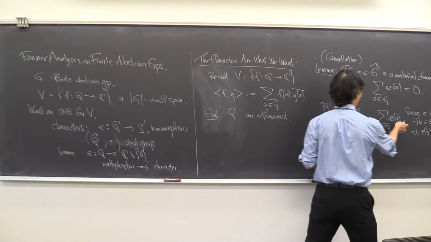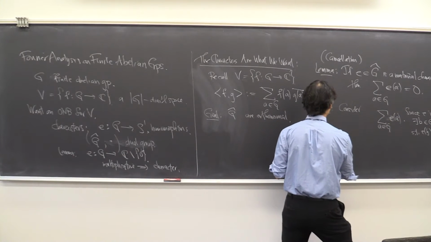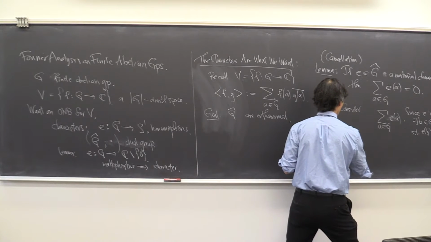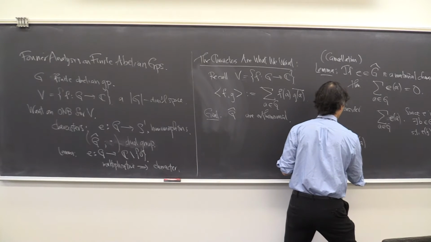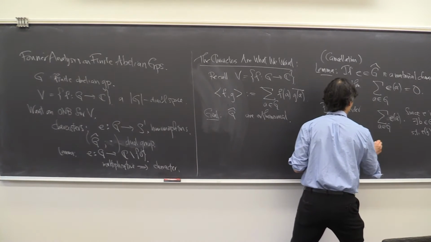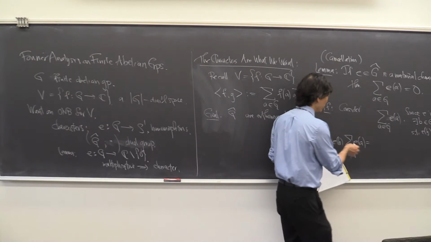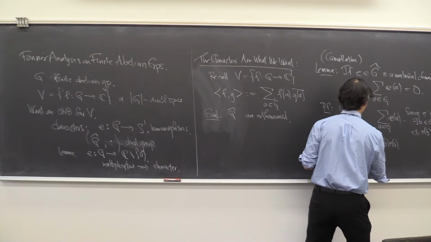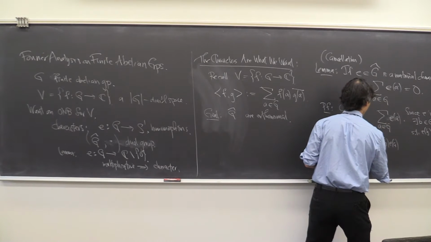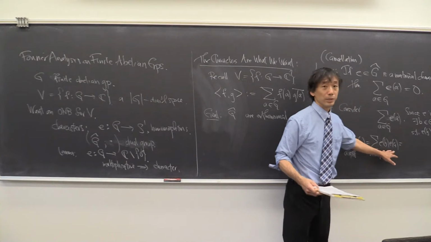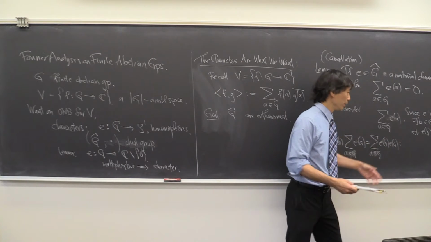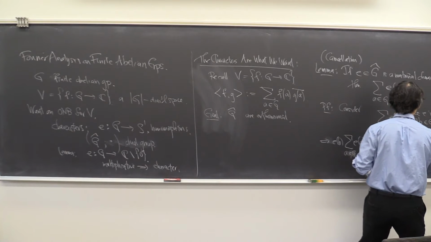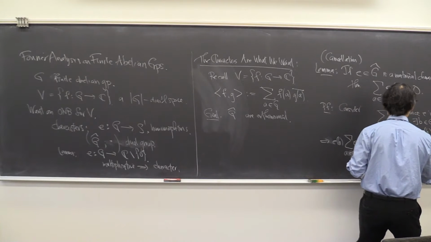So multiply by that. E of B times the summation of E of A, as A sums over G. We can move that in and get E of B times E of A as A sums over G. But since E is a character, we can use multiplicativity and get E of BA as A ranges over G.